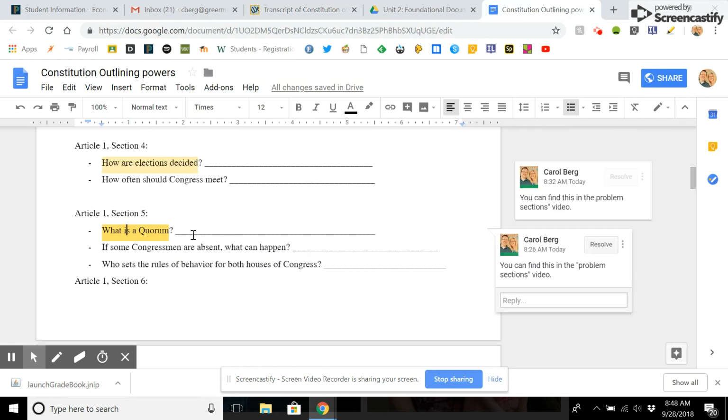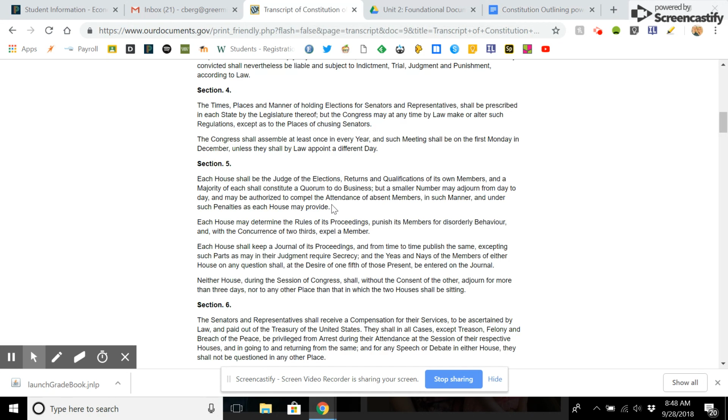So what we're saying here is that a quorum is the amount of senators you have to have to hold Congress. You can't just hold Congress with one senator. No. You have to have at least half. You've got to have a quorum, a group of people, a big enough group to hold Congress, okay?